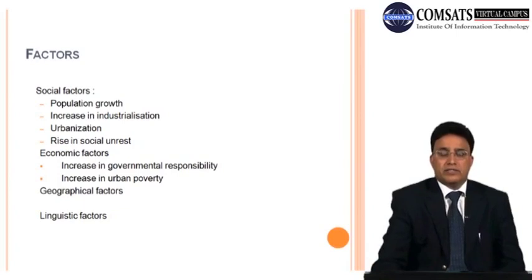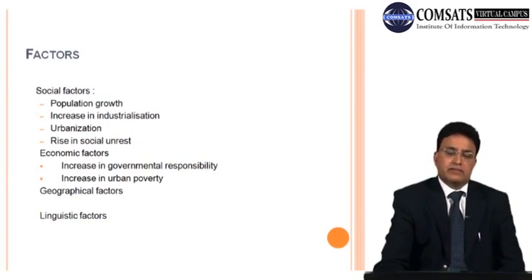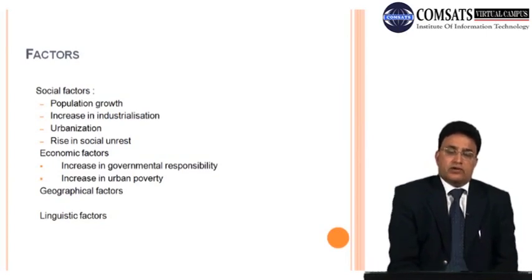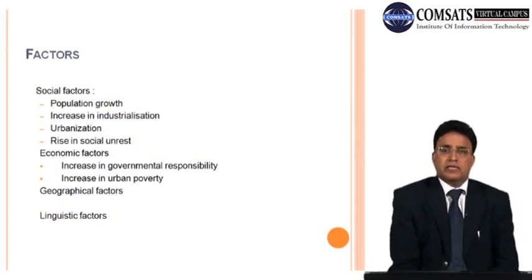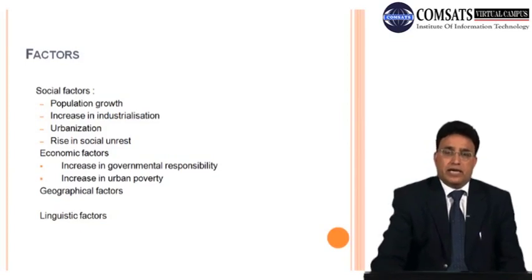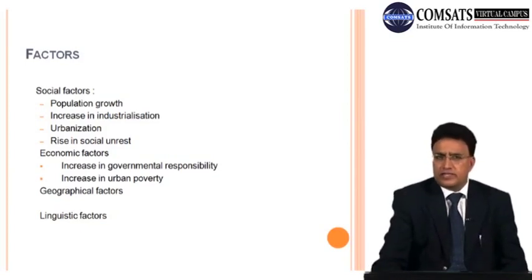For example, there were certain social factors, there were some economic factors, there were some geographical factors, or some linguistic factors. And then you can further divide into factors related to the big umbrella term social. So what could be the social factors?